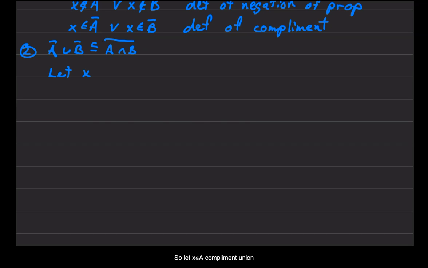So we'll let X be in the complement of A union the complement of B. And we'll expand this out. That means that we've got X is in the complement of A, or X is in the complement of B. Say that was the definition of union.